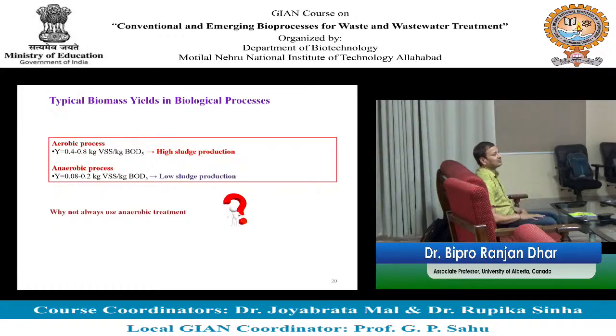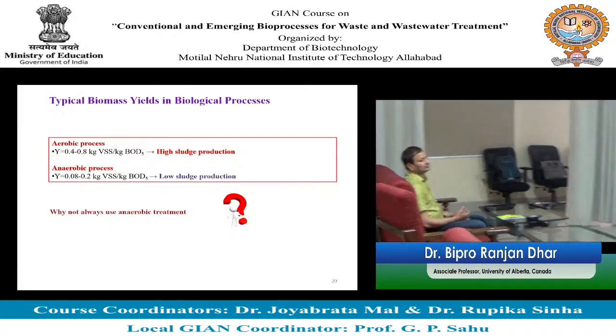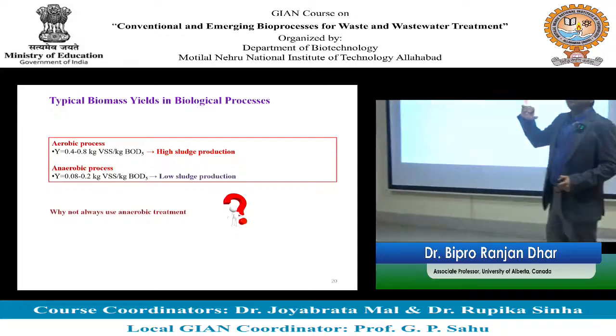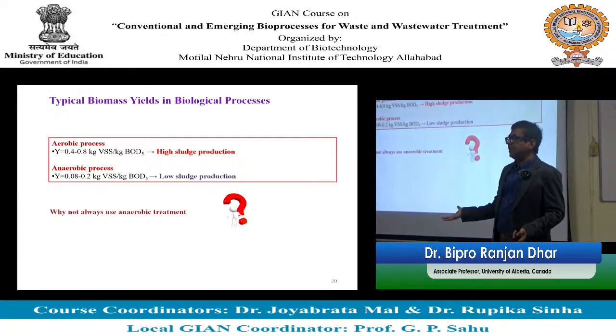Another reason is that not every industry has such high BOD. It is only suitable for food industries or pharmaceuticals where the BOD is really high, 12,000 or 14,000. The anaerobic process works better for high strength wastewater, when the COD or BOD concentration is a few thousand milligram per liter.